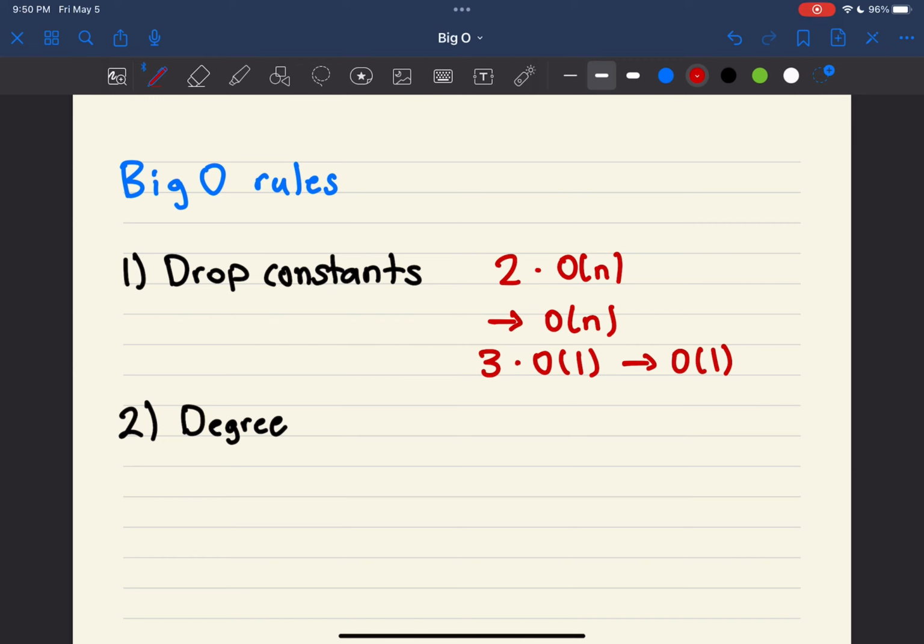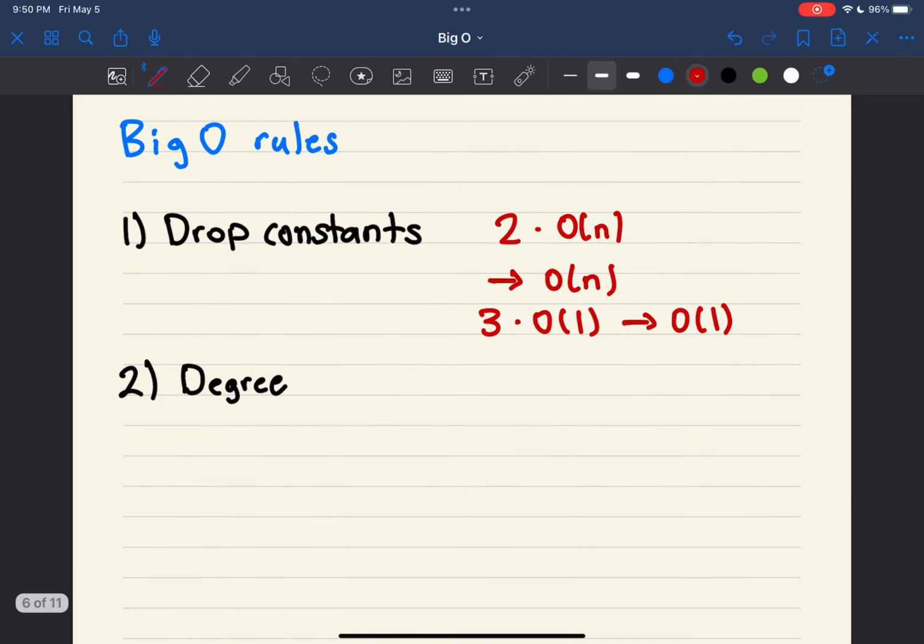We use this theoretically, but in reality it is important to consider the constants, since if we're multiplying by very large numbers, then that would affect the performance of an algorithm. But when learning about this theoretically, we just care about the main big O, and we drop the constants.